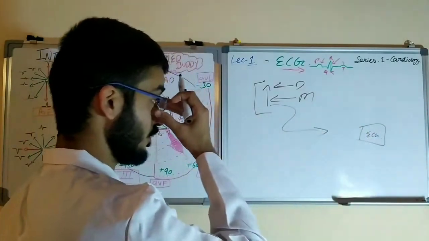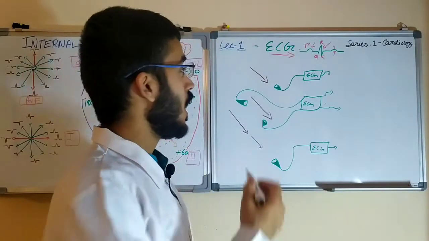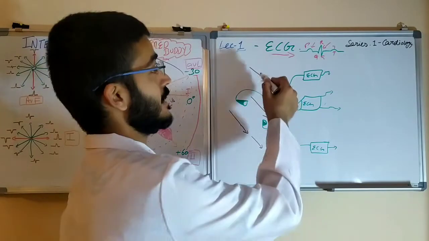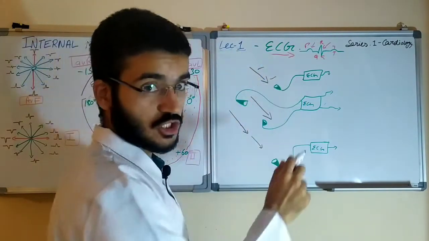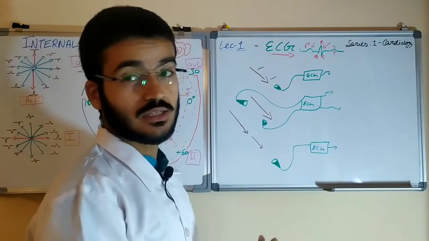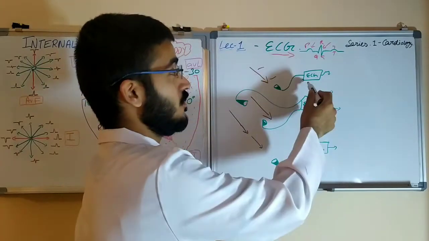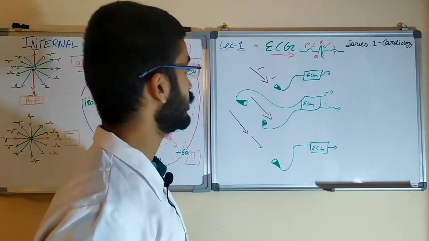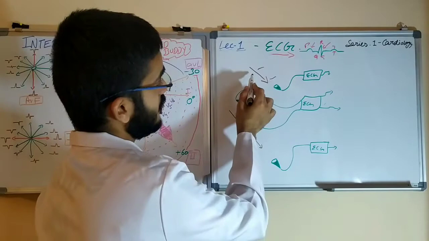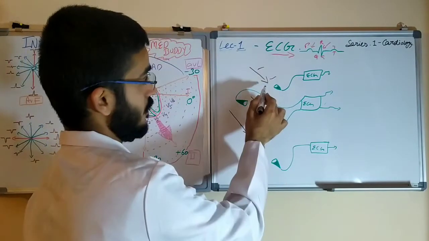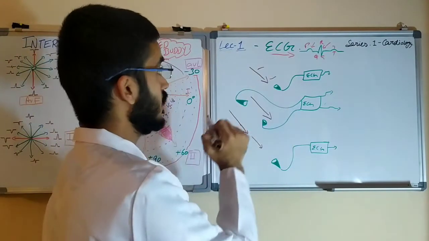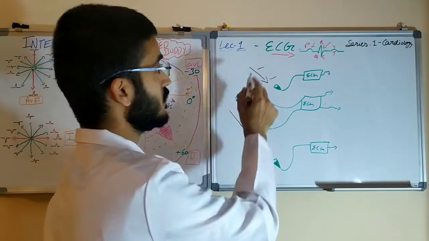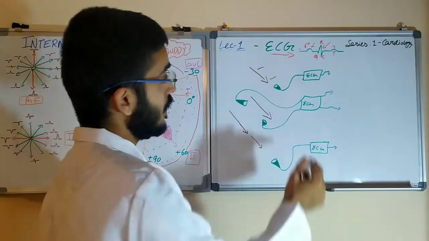Let's understand how a current vector that has magnitude and some direction is going to be presented on a graph by the use of an ECG machine. So here, this is the current vector, with direction presented by the head of the arrow and magnitude presented by the tail of the arrow.